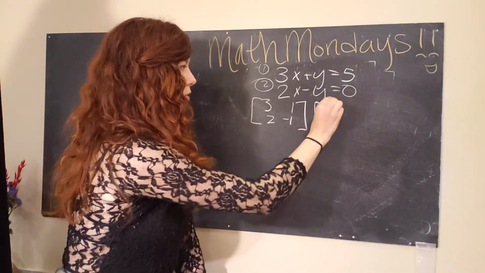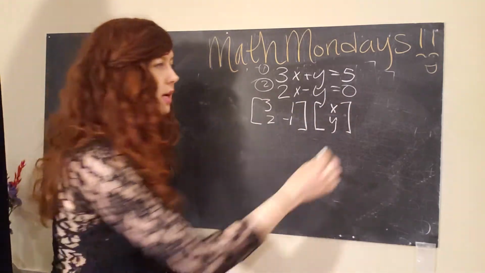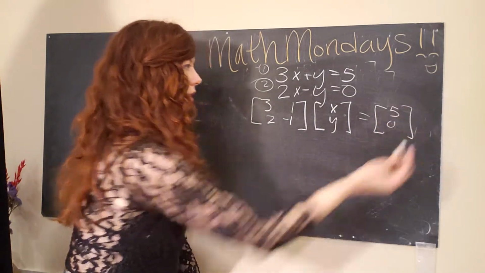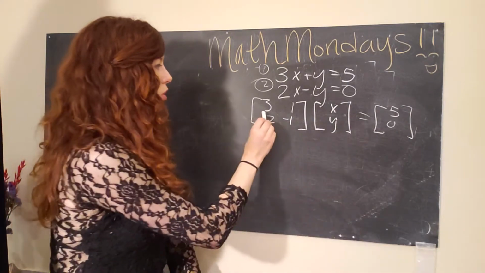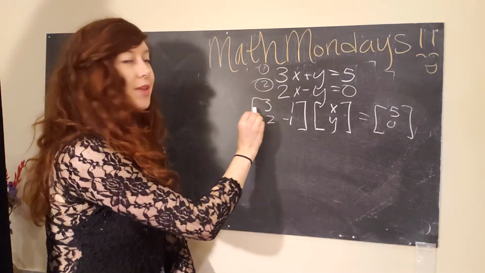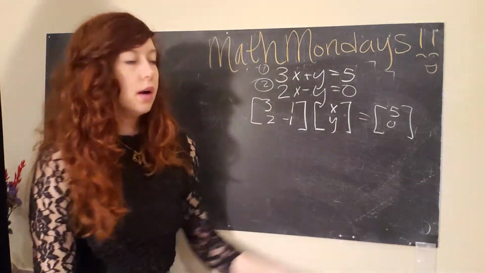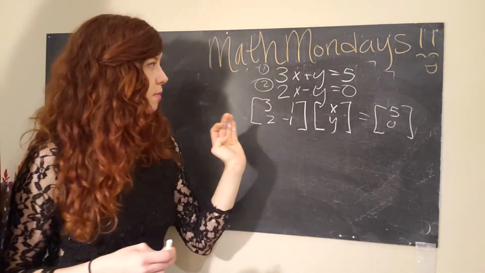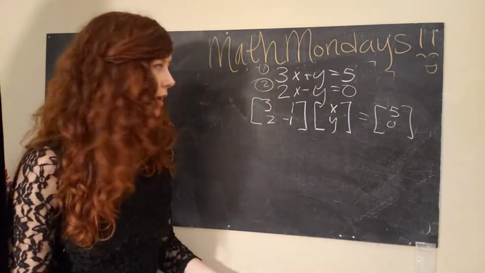Then we use another matrix to represent our variables, and finally the last matrix represents the right side of the equation. The reason this works is because when you multiply the rows by the columns, you get a matrix that has those 2 equations in it, equaling that. It is effectively the same equations, just a different way to represent them.